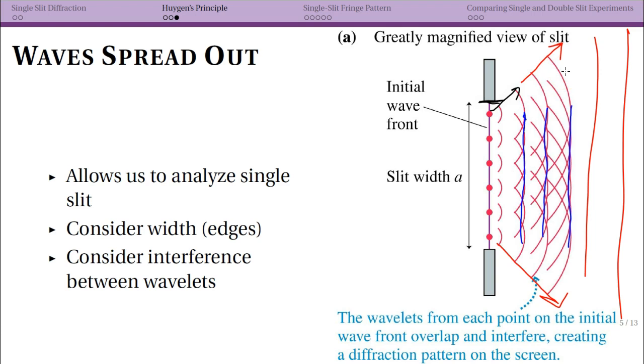So we are going to get interference from these wavefronts on our screen, and that's how we understand the pattern that we get from a single slit, where we don't have multiple real sources to think about, but we can use Huygens' principle to generate these artificial or virtual sources that we then think about as generating their own little wavefronts.